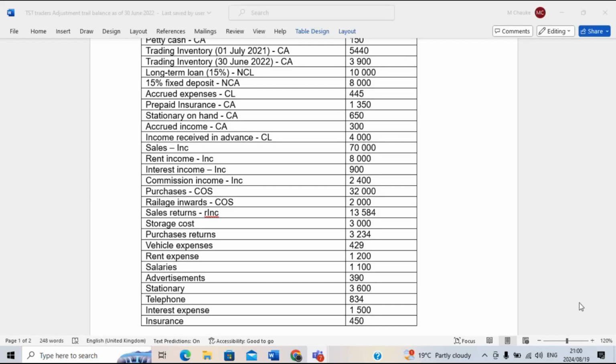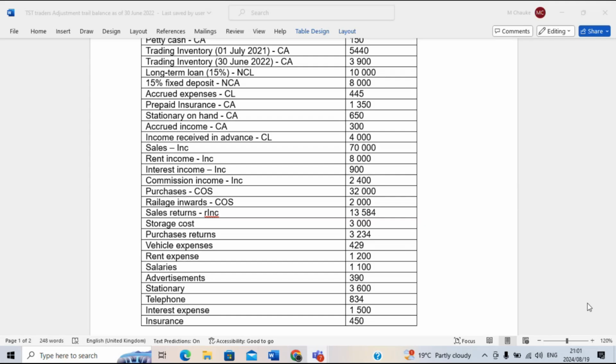And then sales returns. Sales returns is an income that has been reversed in terms of sales. For example, you sell 5 items for 5 rands. If they return 2 items, it means your sales now is going to be 3 rand.